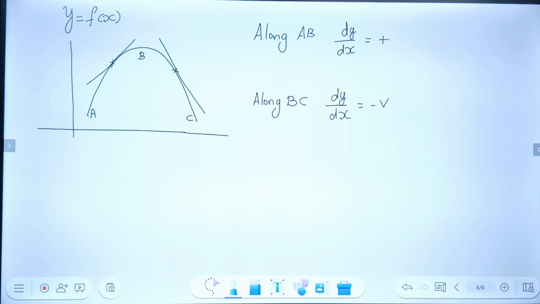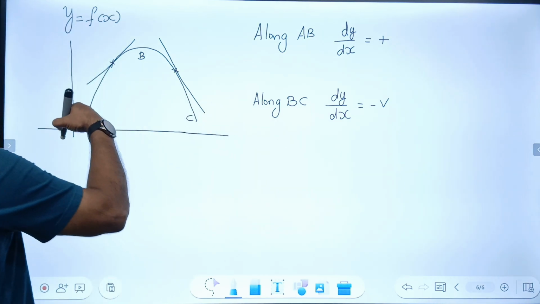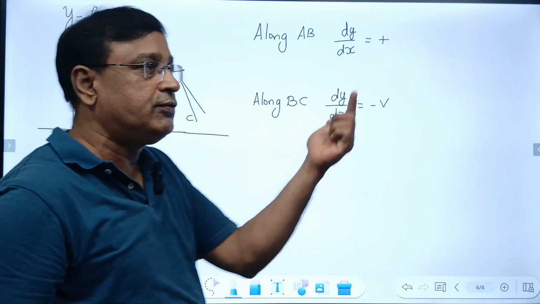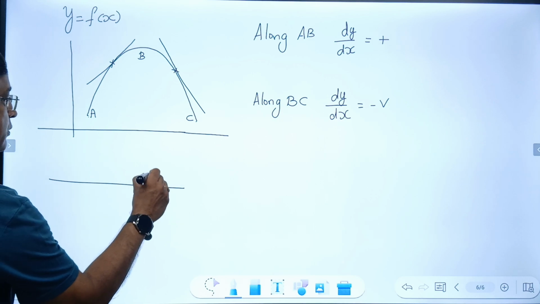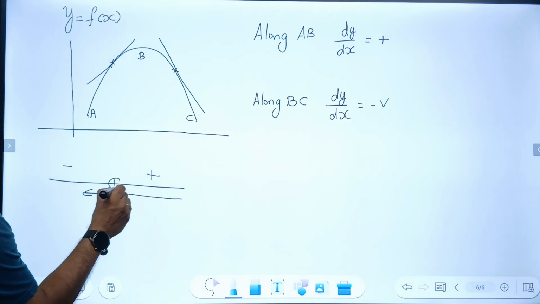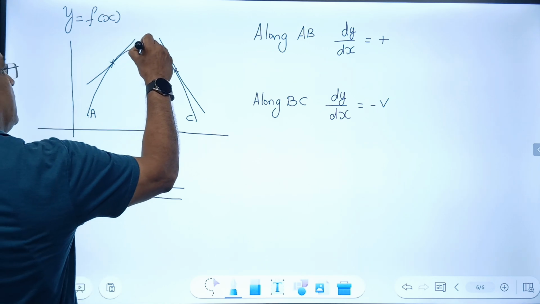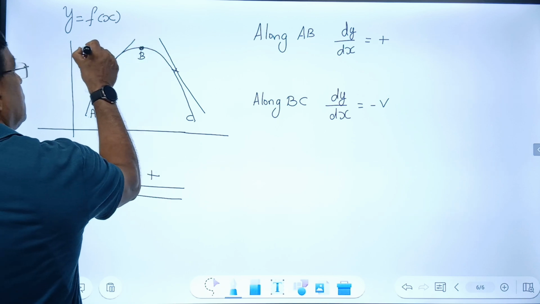Now when I go from A to C, my dy by dx is changing from positive to negative. When you move from a positive number to a negative number, you definitely have to pass through 0. So that is the point where the tangent is parallel to x-axis.